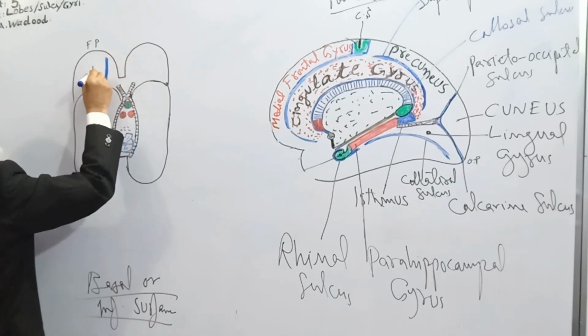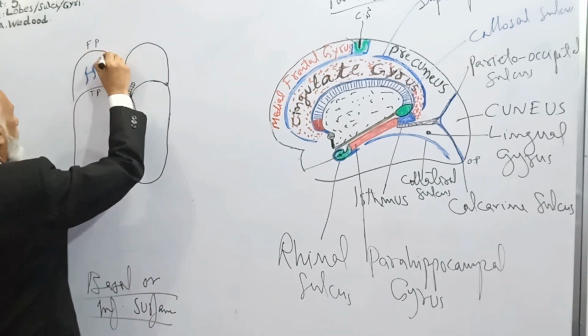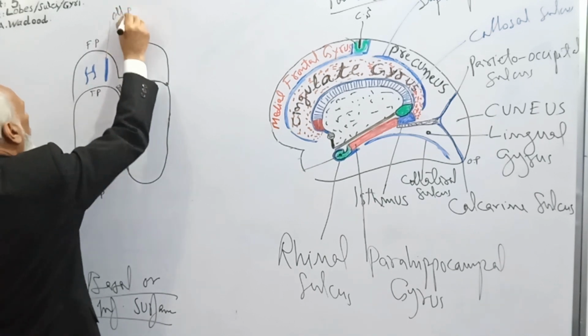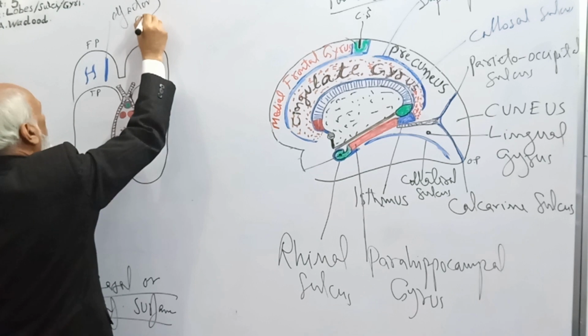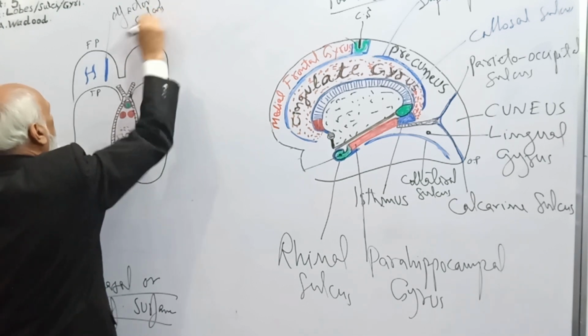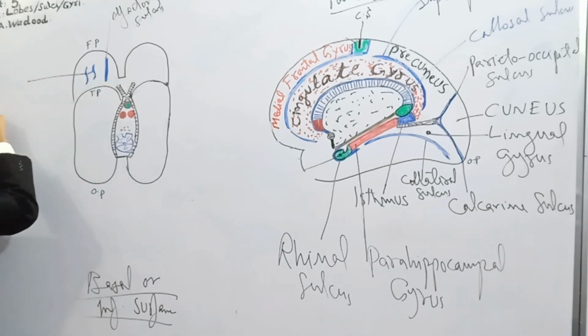And there are irregular H-shaped sulci, like the English letter H, on the orbital part of the inferior surface. So this is the olfactory sulcus. Then all these H-shaped sulci are collectively known as the orbital sulci.